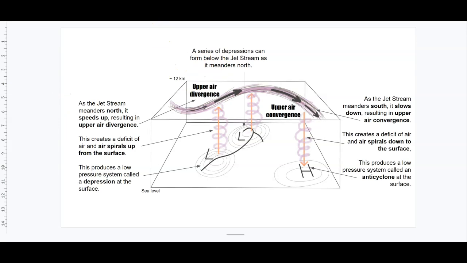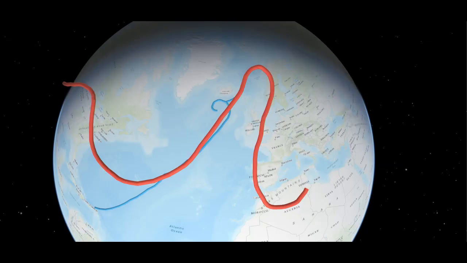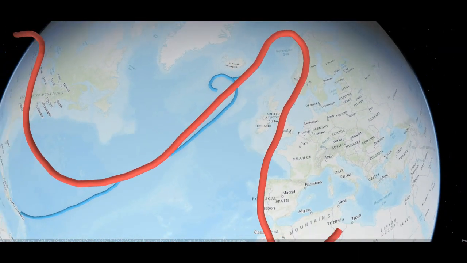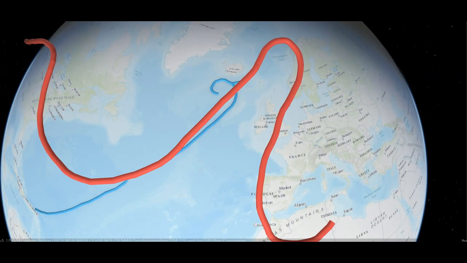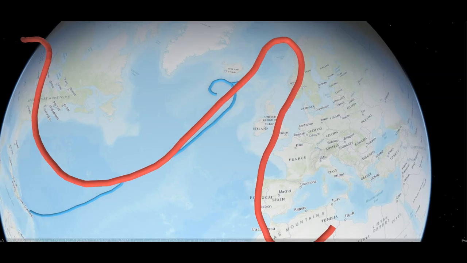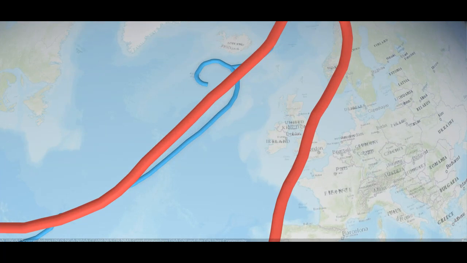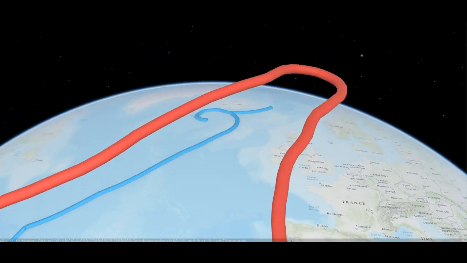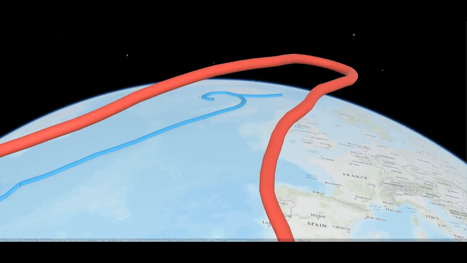So these are three-dimensional features. It really helps to see the atmosphere in 3 dimensions when it comes to this. So I've put this together to try and help you to visualize that a little bit better. This red line here represents the jet stream, say 12 kilometers high, and the blue line represents the polar front starting at the surface. Now, if you look at it from above, you can see how they align, but we can turn this around a little bit and see how the jet stream is sitting above the polar front.